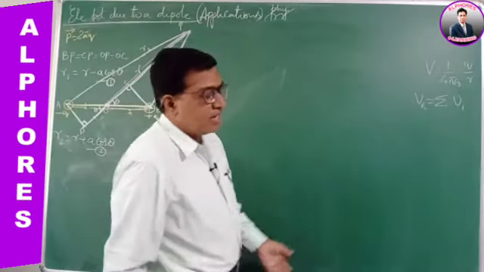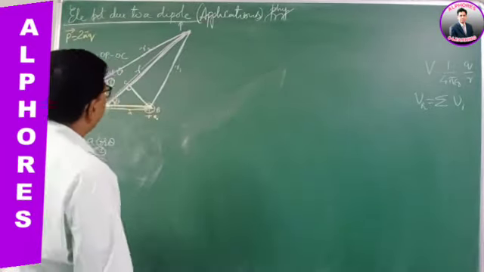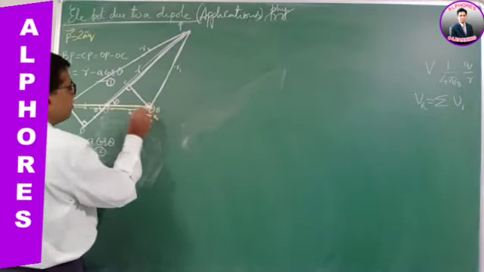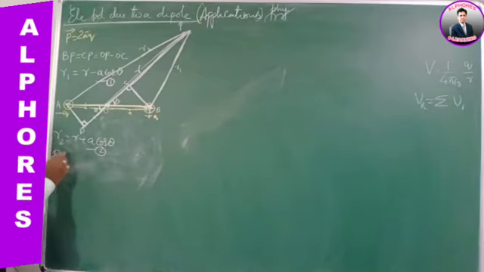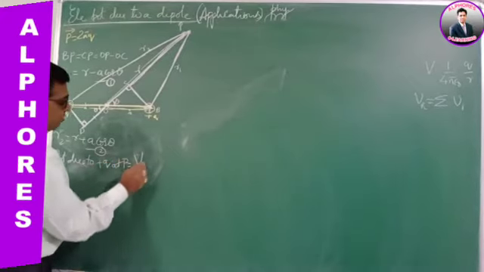Okay. Now next we have to find the potential due to each charge. Let me take up the potential due to the positive charge. The potential due to positive charge plus Q at P, let it be Vp.